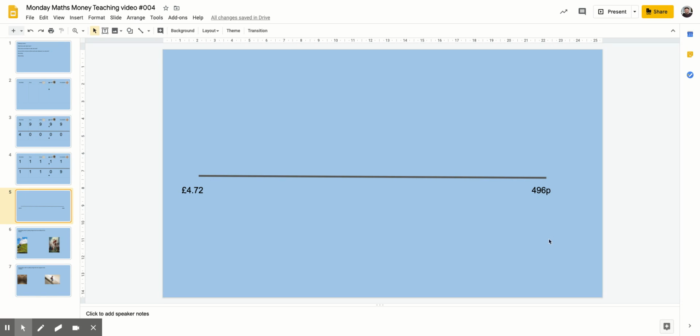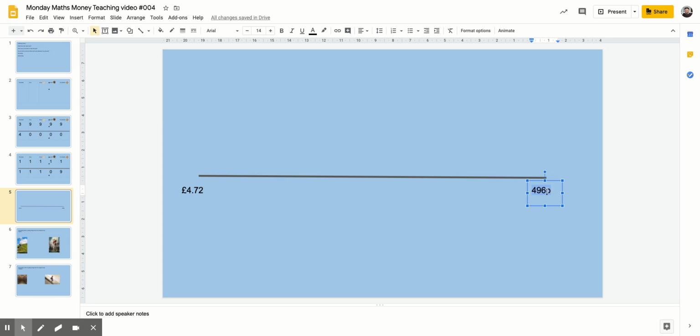They might include pounds and pence to confuse you, to see if you have an understanding of what these pence represent in pounds. So I highly recommend, the first thing you do when you see a question like this is to convert 496 pence into pounds straight away.